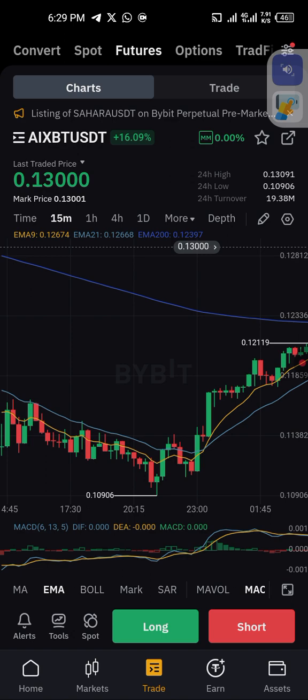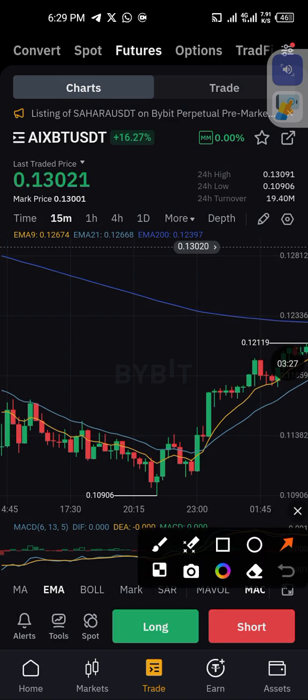So after this doji candlestick appeared, the second candlestick is also a strong green candlestick, which indicates that the market just turned to an upward trend, right?